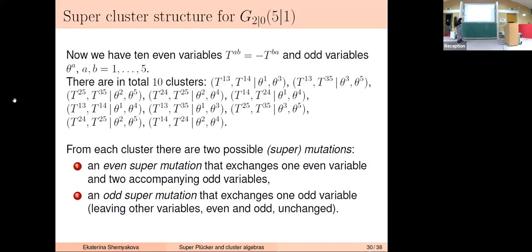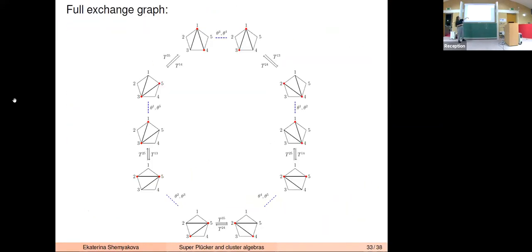You have, in fact, 10 clusters, and the big picture is this. From your perspective, it's pretty much your picture. You know how you have the usual exchange graph of a pentagon? It's like squeezed between additional ones.